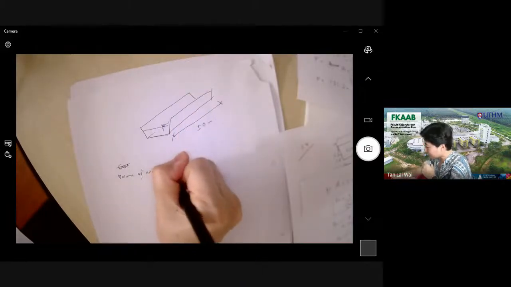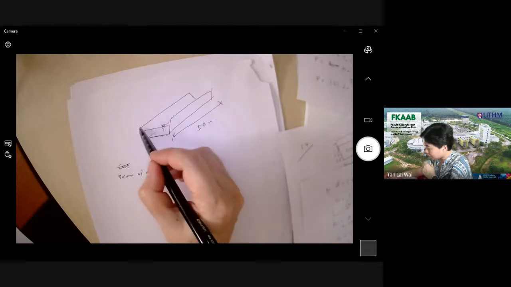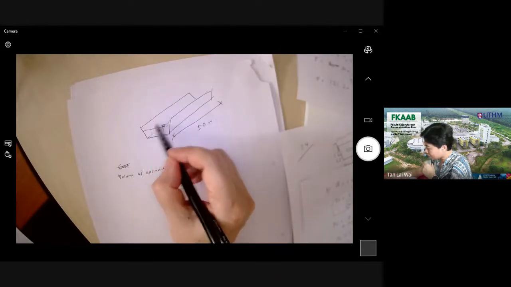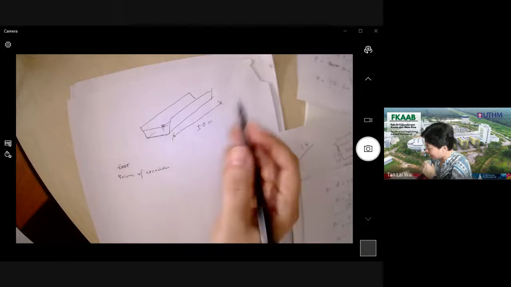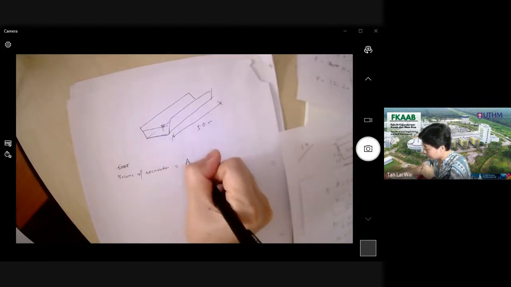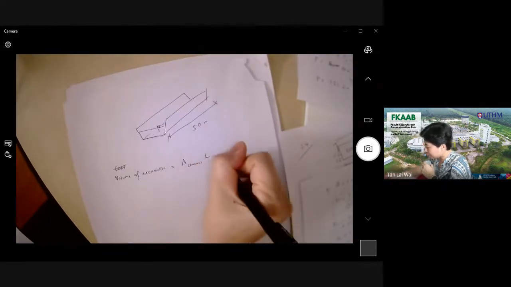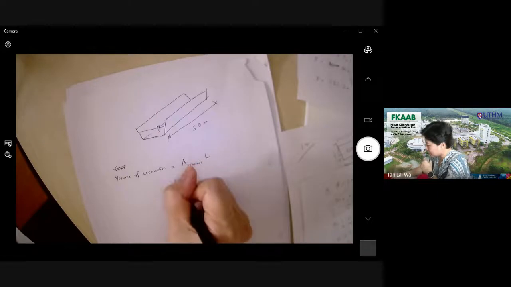To find the volume of excavation, I have the total cross-sectional area of the channel times the length. So I have A channel, not the flow area, times L, the length of the channel.